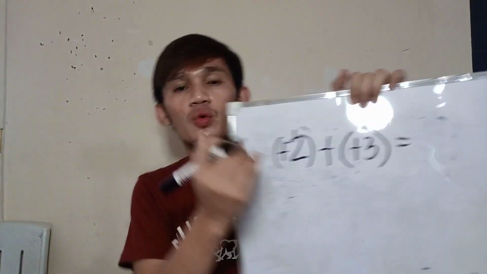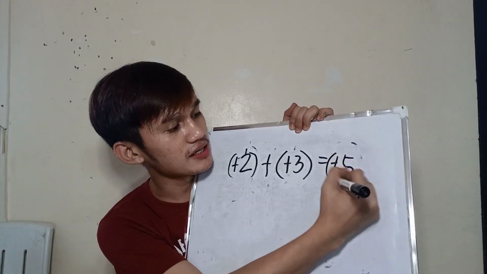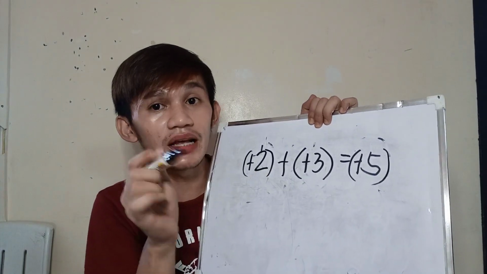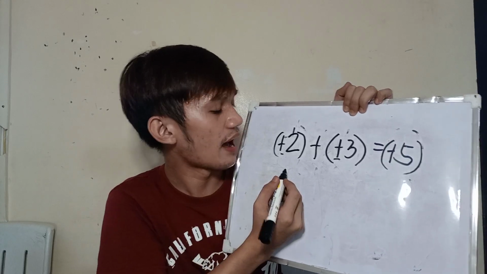So for example, positive 2 added to a positive 3. So 3 plus 2 is 5, and that is positive because we just keep the sign, positive. How about a negative number?